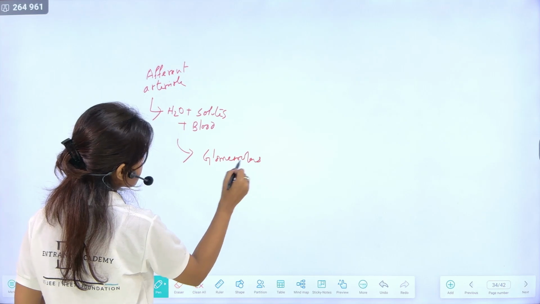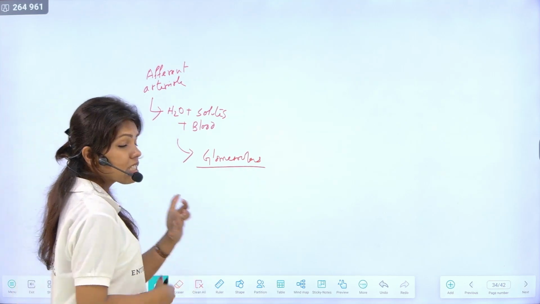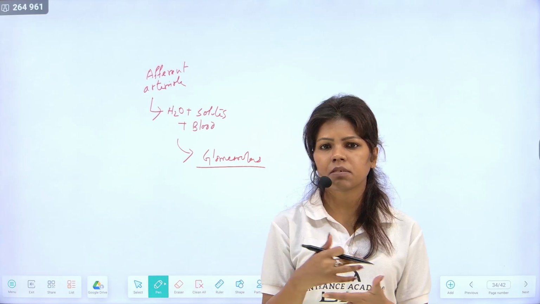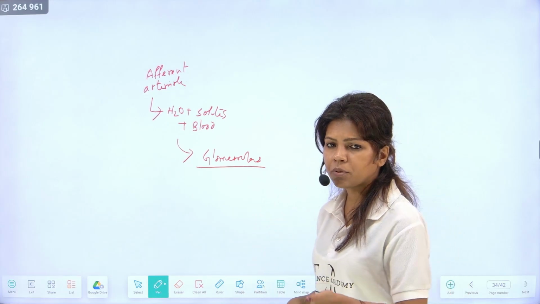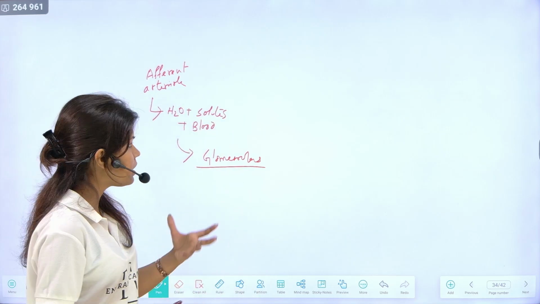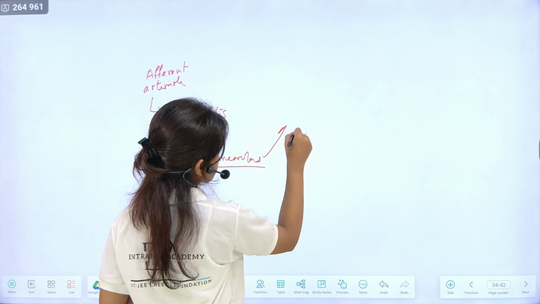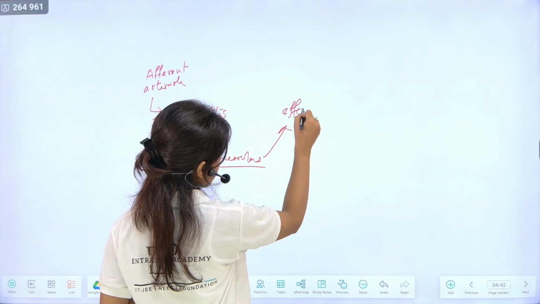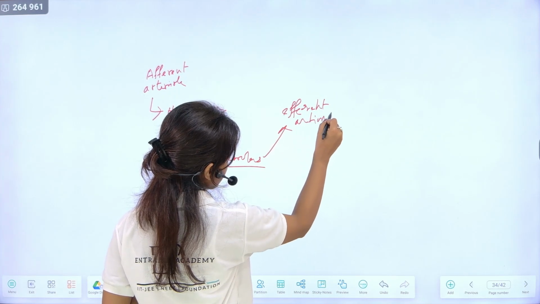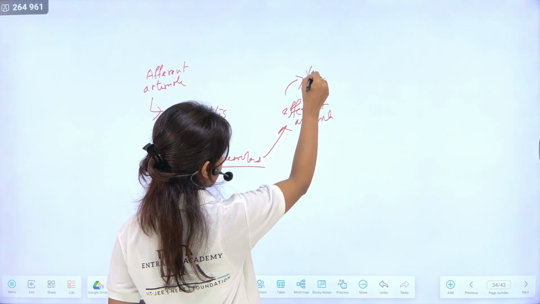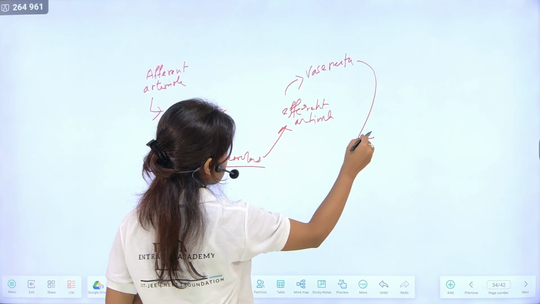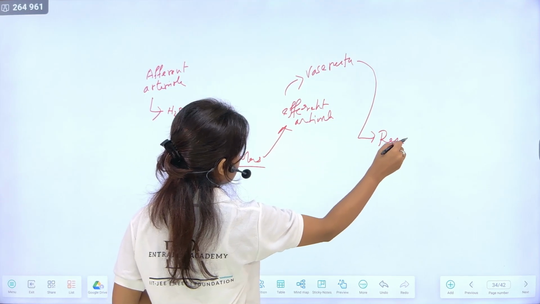So the glomerulus is a tuft of blood capillaries which will sieve these elements and allow the filtrate, the liquid medium, to pass through the renal tubule, and the large particles like protein, blood cells and other important material go back through the efferent arteriole. Through the efferent arteriole it will enter into the vasa recta, another network of tubes, and the vasa recta will eventually return this to the renal vein.